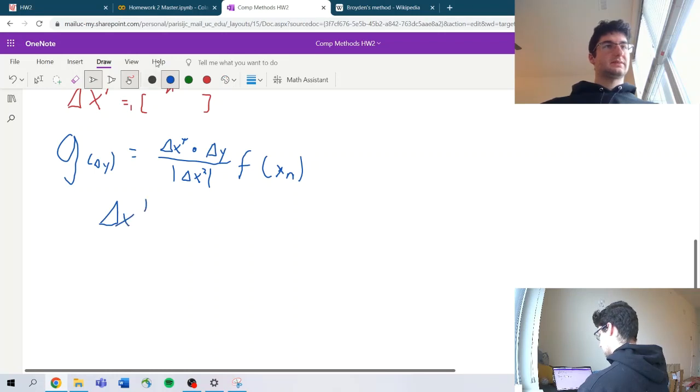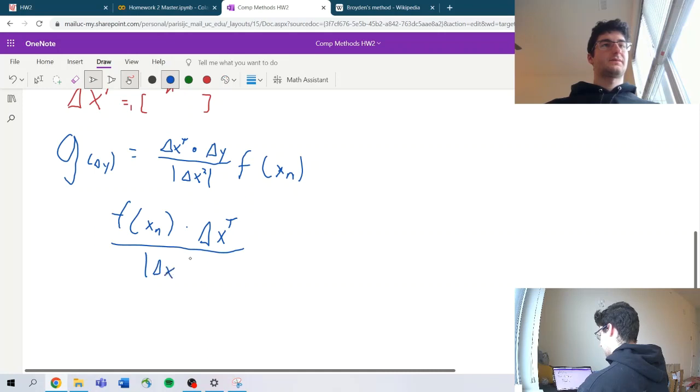So let's do f of x n times this transpose of x, all divided by x squared, and all this multiplied by our delta y.